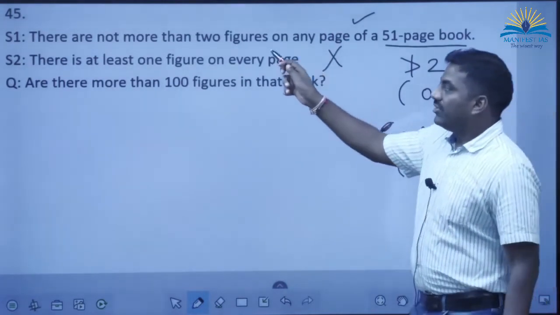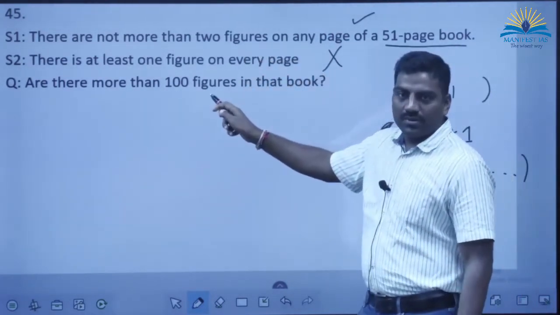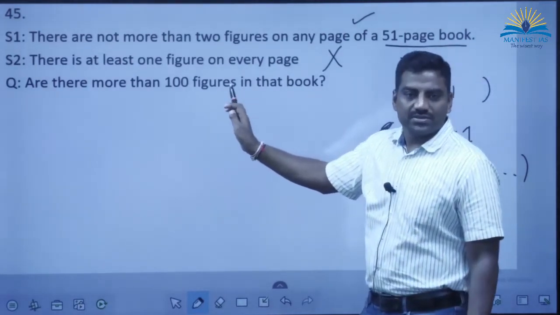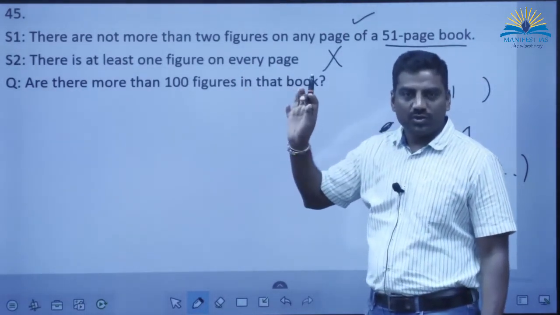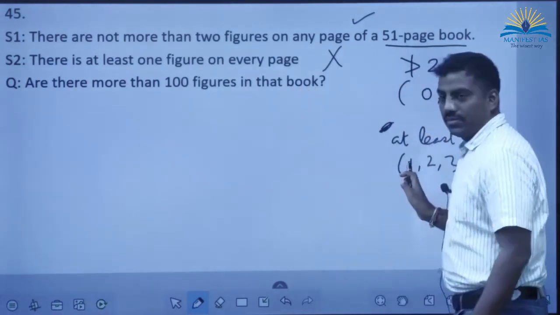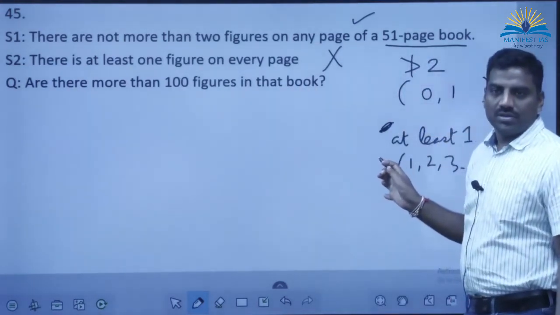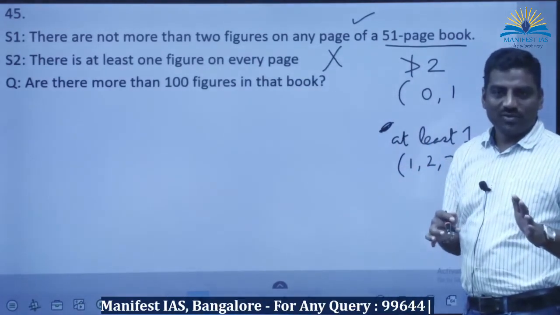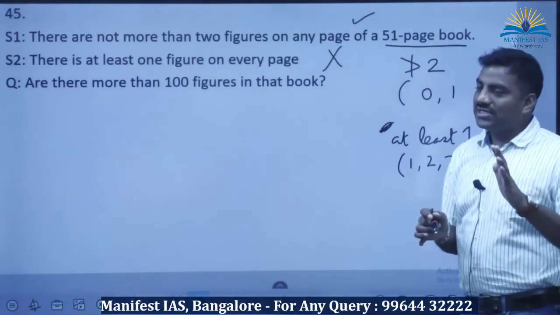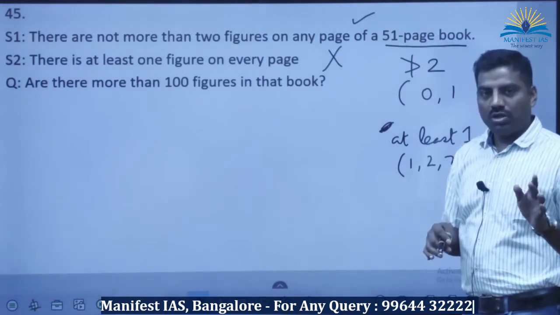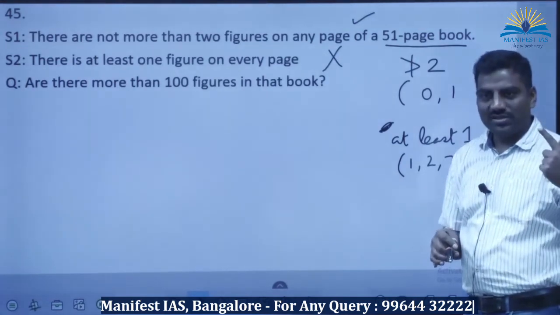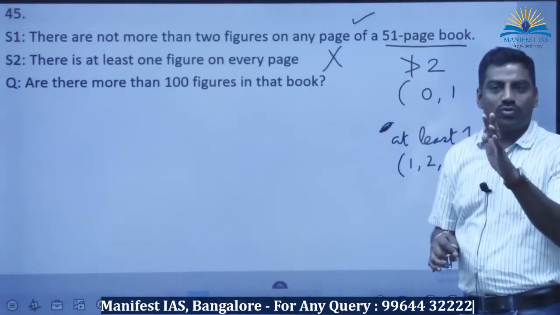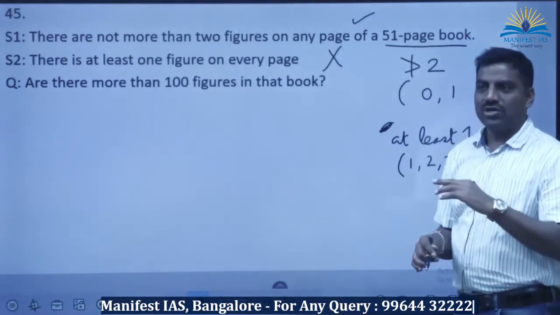But with the first statement, I can say definitely there are no more than 100 figures, less than 100 figures only. But here, we can't say. So, try to read this and analyze. These are very simple problems, but due to the lack of comprehension, we tend to make mistakes in this. They don't have anything to do with the numbers. It is about reasoning.